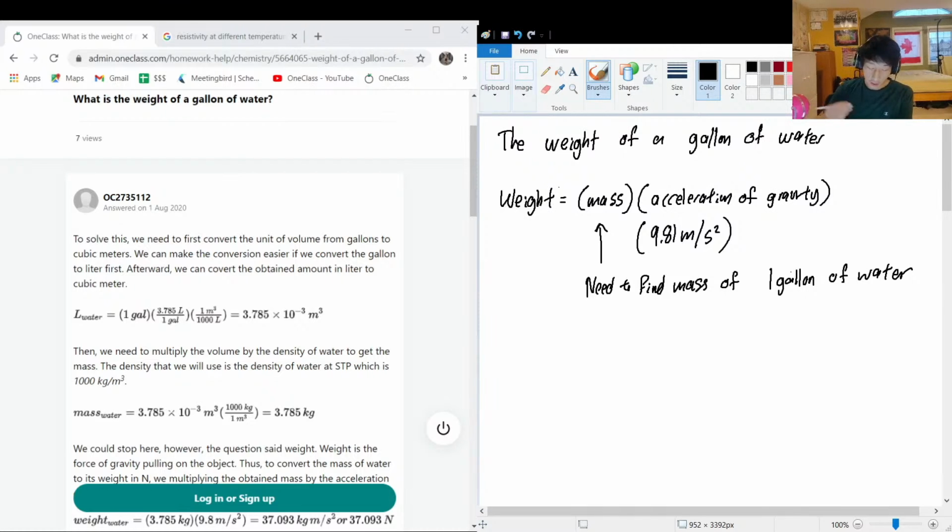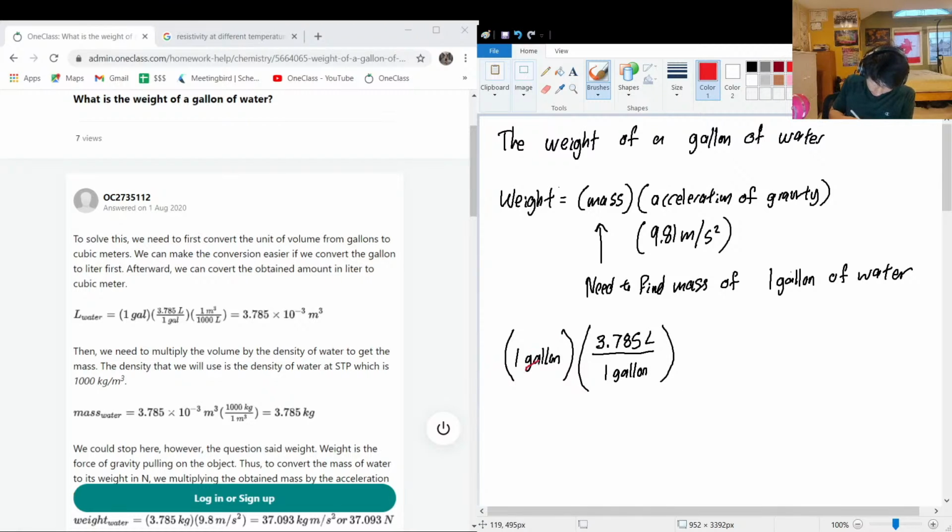So let's convert liters of water to cubic meters instead of gallons. So we got 1 gallon. And to convert gallons to liters, it's going to be 3.785 liters divided by 1 gallon.